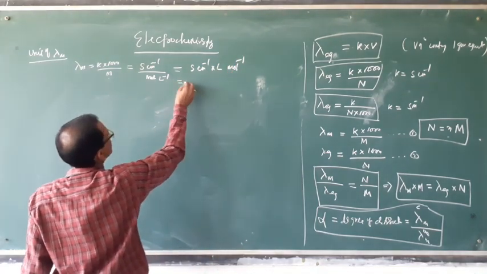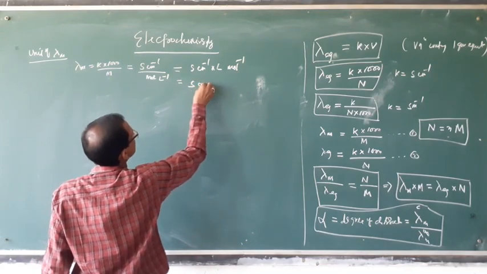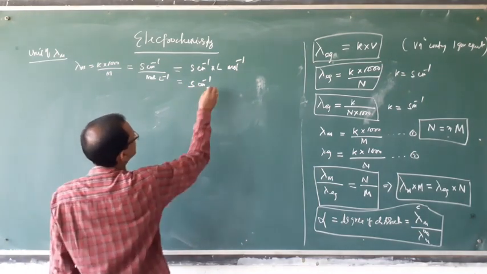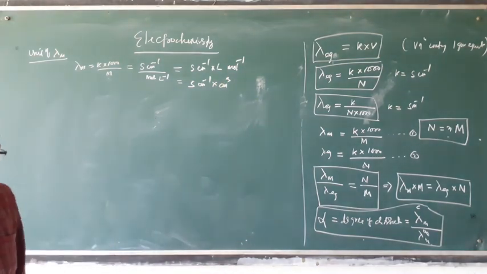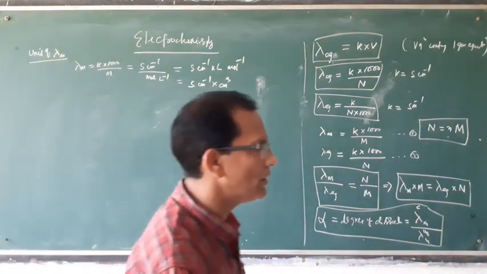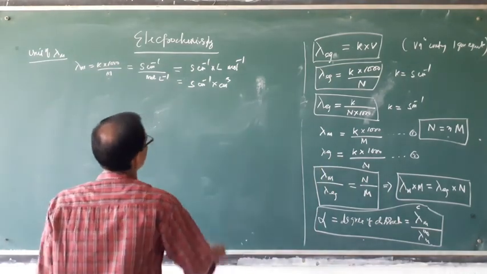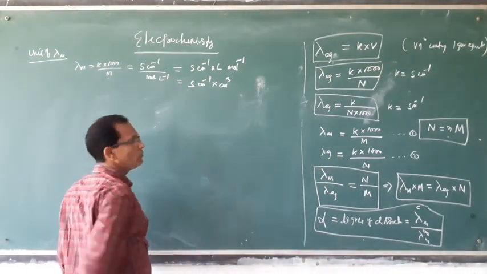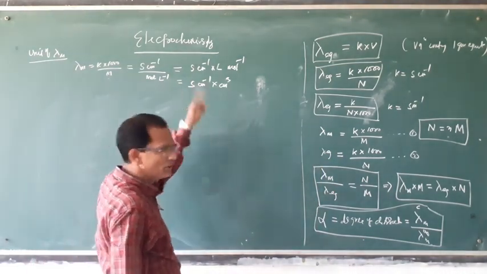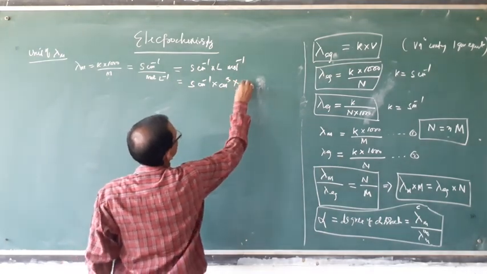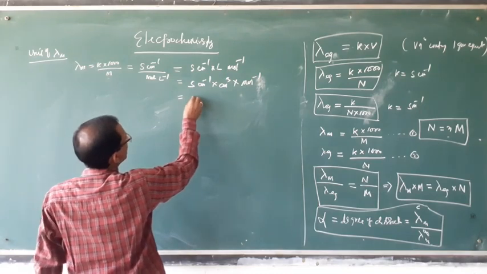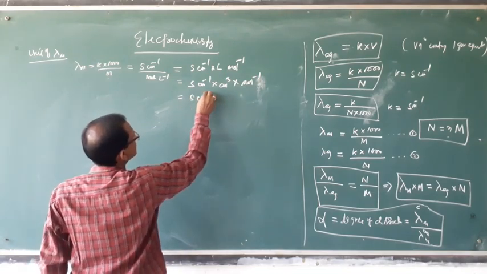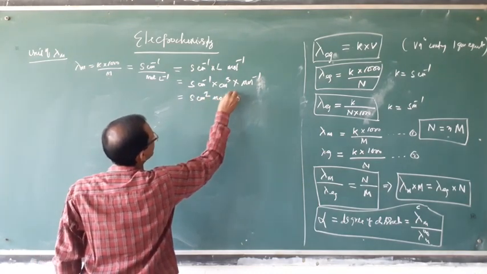Which is equal to ohm inverse centimeter inverse, and liter is equal to centimeter cube. When liter is converted to centimeter, it will be centimeter cube. The value is not required, we are just converting the unit. So into mole inverse. So it is equal to how much? Ohm inverse centimeter square mole inverse.